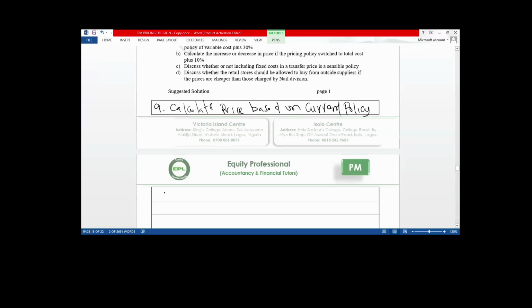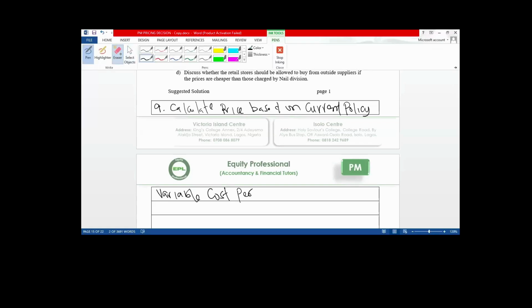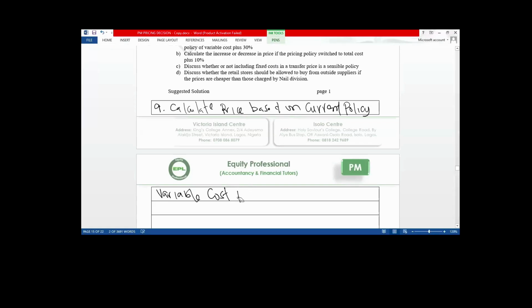We also call it marginal cost plus. Variable cost plus. Please note, it's also called marginal cost plus pricing.